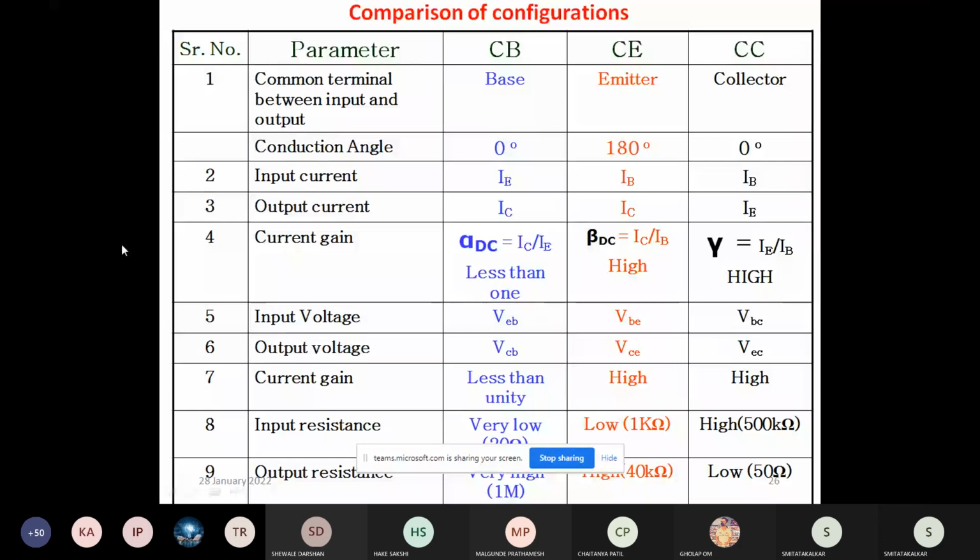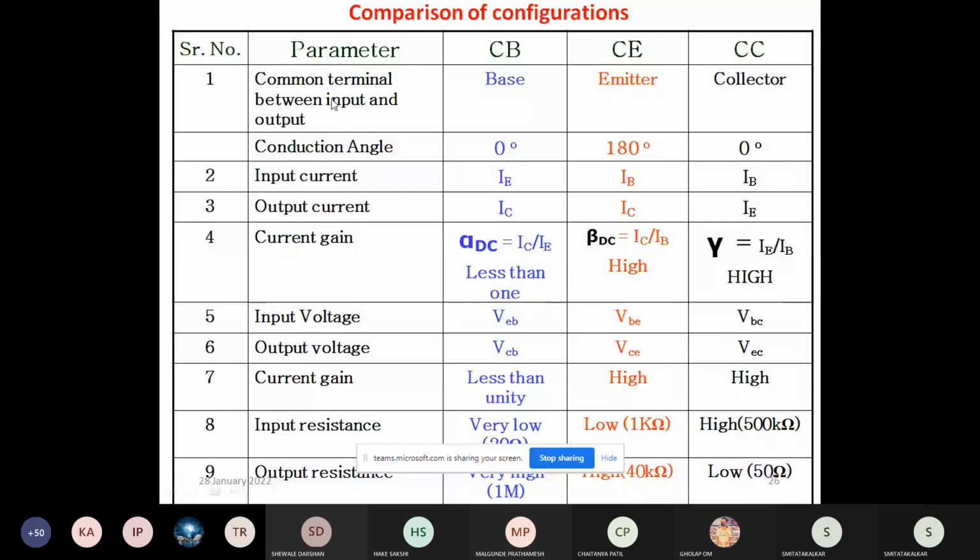You can identify the input voltage, input current, input resistance, and output resistance according to the configuration. There are 3 configurations: CB, common base configuration; CE, common emitter configuration; and CC, common collector configuration.